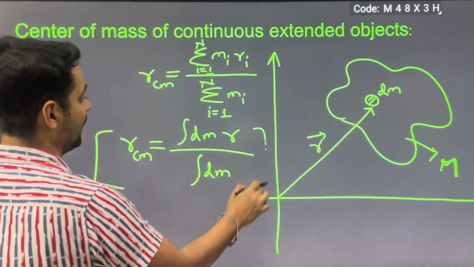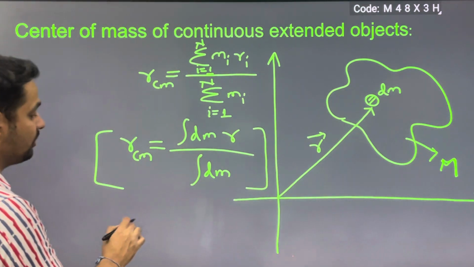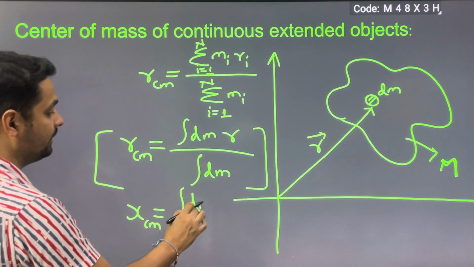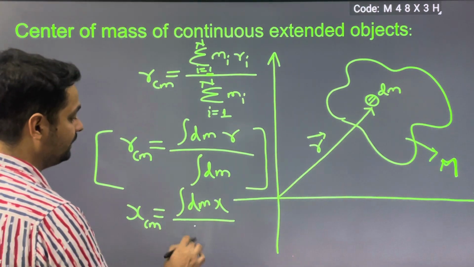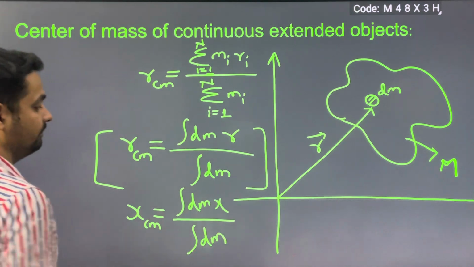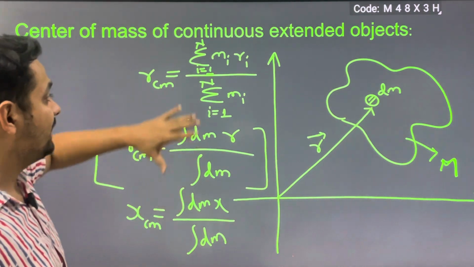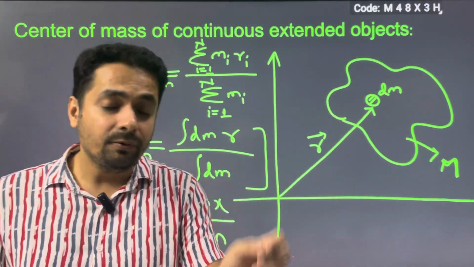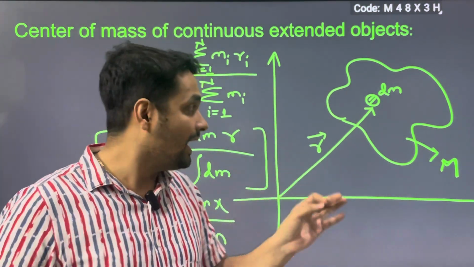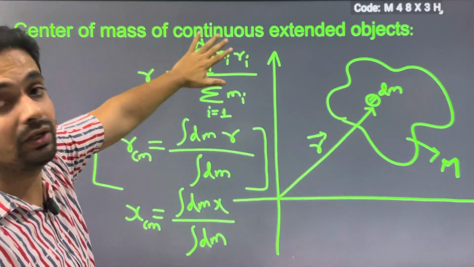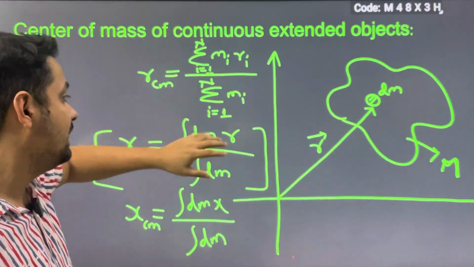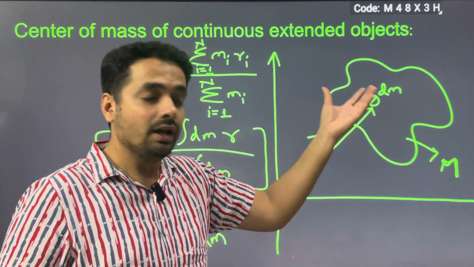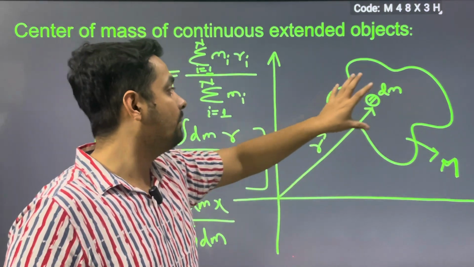This will give R center of mass. In the same way, if I find x center of mass, that means the x coordinate of the center of mass, we can write the integration of dm x divided by the integration of dm, that is the total mass. Just like whenever we find the center of mass of different particles in a system, we find the sum of the mass moments of all the particles divided by total mass. Here in a continuous body, I took a small part and found its mass moment.